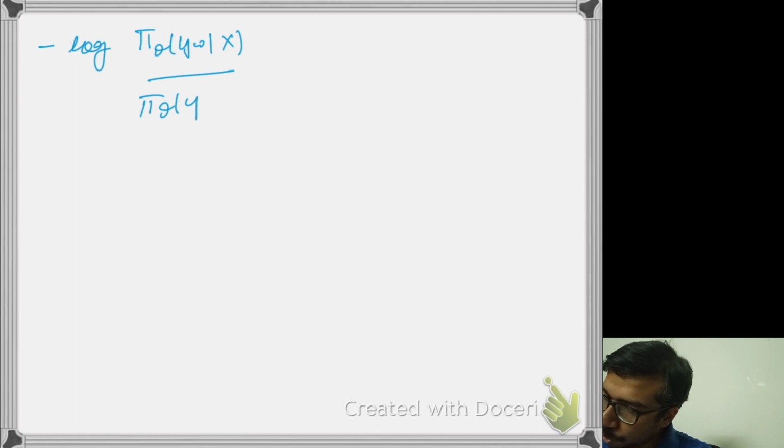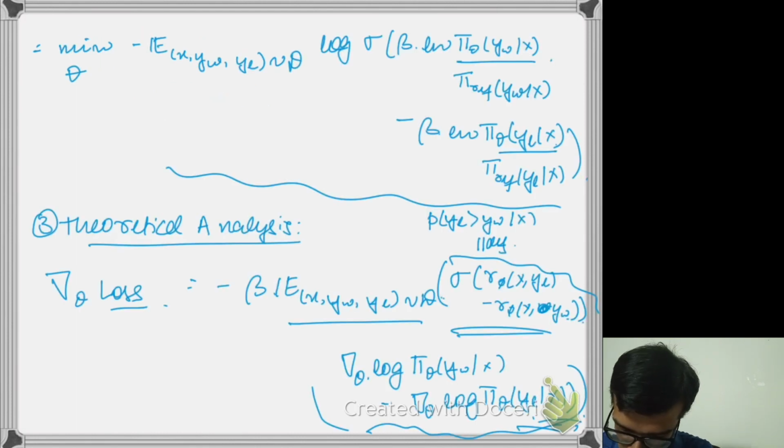So if we would have chosen just to define the loss function as minus log of pi theta y w given x over pi theta y lose given x, then the scaling term would not be there. The point of the scaling term is that for those sequences in which our current model is giving a higher probability to the losing examples, I'm giving more weightage to those terms, right?